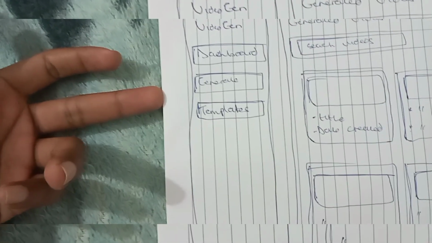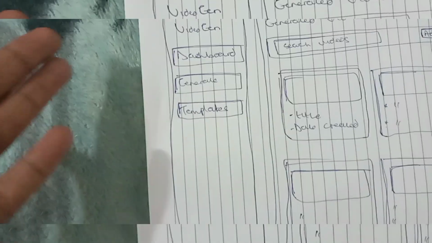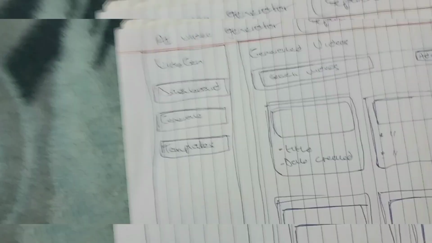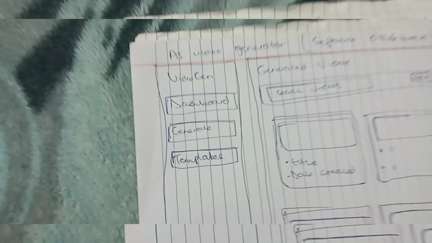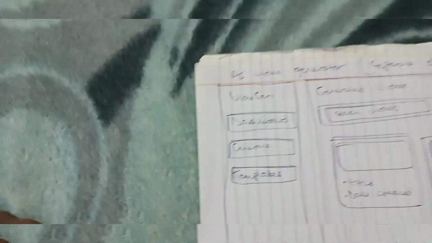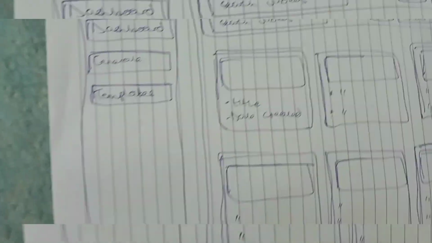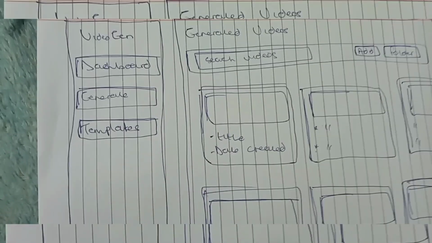Generate is where you generate new videos or new content, and templates are templates I will provide for you, that is if I actually make them. As the app grows, I'll probably let the community provide templates, but I'll also provide some of my own. And here we'll have our currently logged in user. You see this guy, he's logged into the app, he loves it, TypeScript.